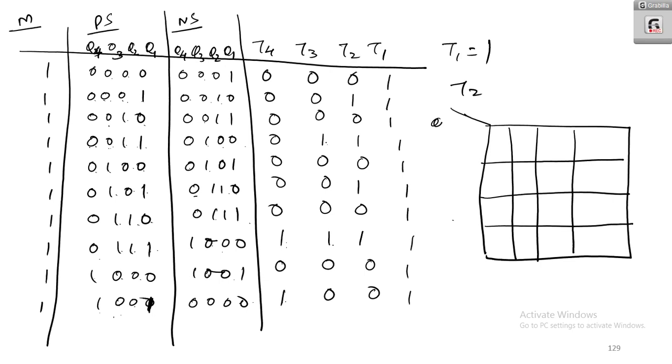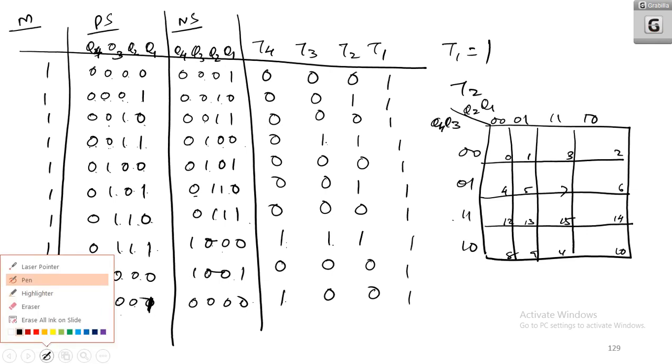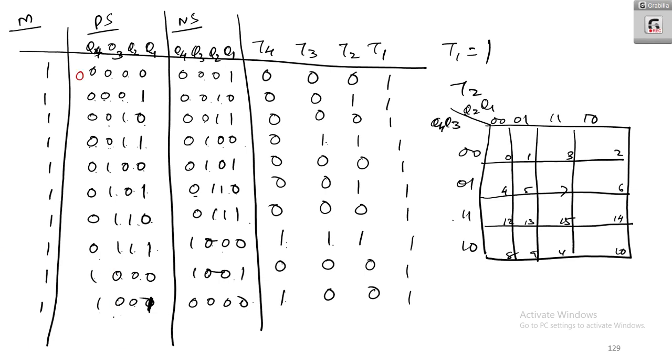Here I am having Q4, Q3, Q2, Q1, with 00, 01, 11, 10 along each axis, and cells numbered 0 to 15. Now let me write the decimal equivalence here, 0 1 2 3 4 5 6 7 8 and 9.